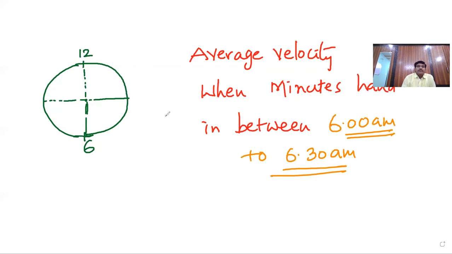Observe carefully. Let us say when it is 6 a.m., the minute hand will be at 12. Here I am showing. The minute hand will be at 12 when it is 6 a.m.